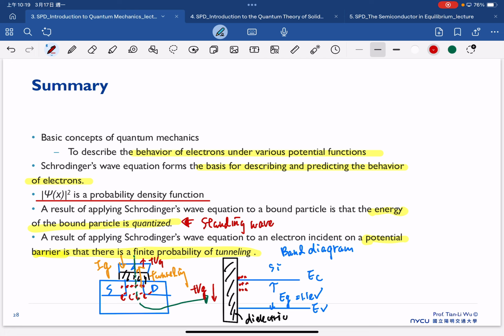And therefore, we can also expect tunneling can happen. With tunneling considered, that means the carrier can tunnel through to the other side. So this is the reason why we have to study case 4, because this drawing is highly similar to our case 4.